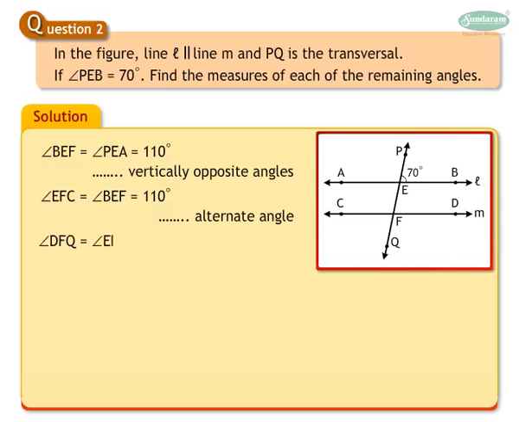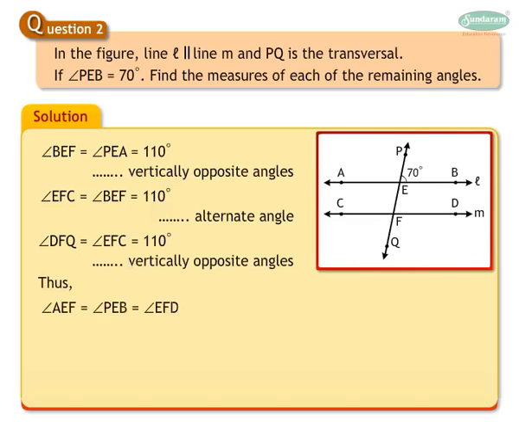Thus, angle DFQ is equal to angle EFC is equal to 110 degrees. Thus, angle AEF is equal to angle PEB is equal to angle EFD is equal to angle CFQ is equal to 70 degrees, and angle AEP is equal to angle BEF is equal to angle EFC is equal to angle DFQ is equal to 110 degrees.